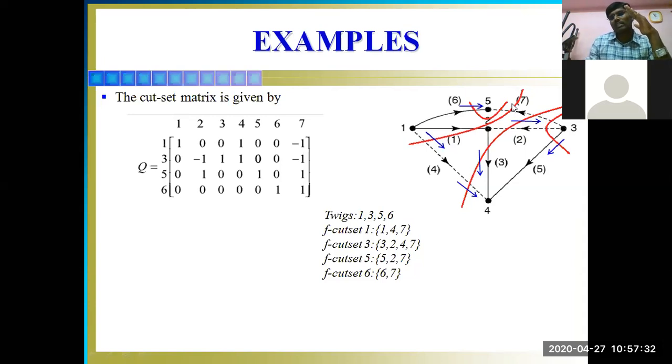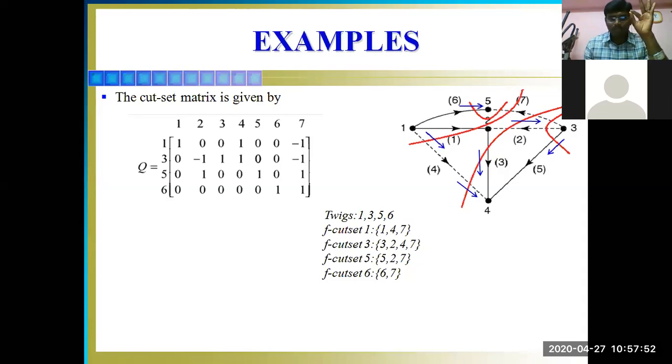There is no other combination. You remove 1, 4, 7. Once we have this, the direction of each cut set is equal to the direction of the twig present in that cut set.